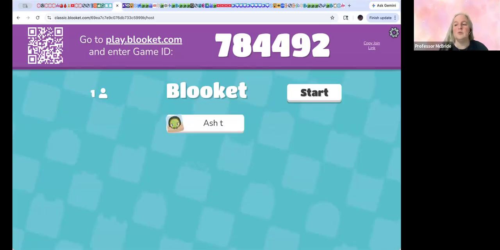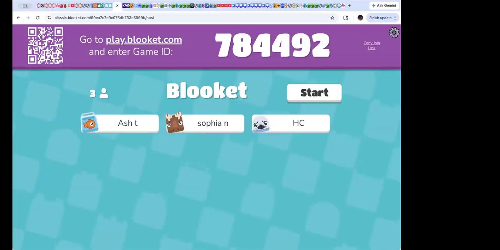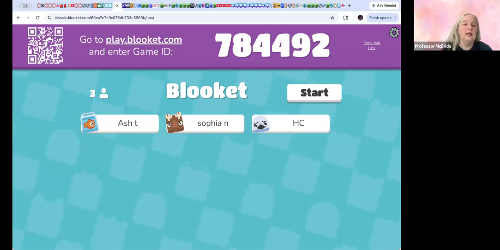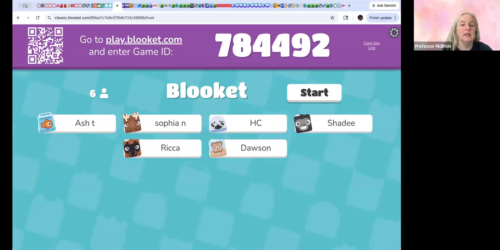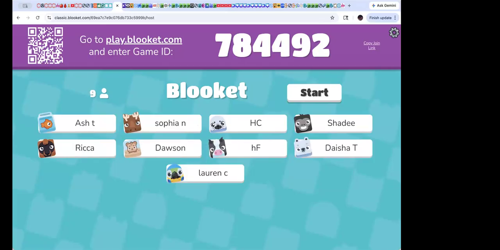So there's a new code. I just put the link in the chat. There's a link, and a QR code right here too. There's also the QR code on my screen. Or you can go to play.bluekit.com and enter 784492.